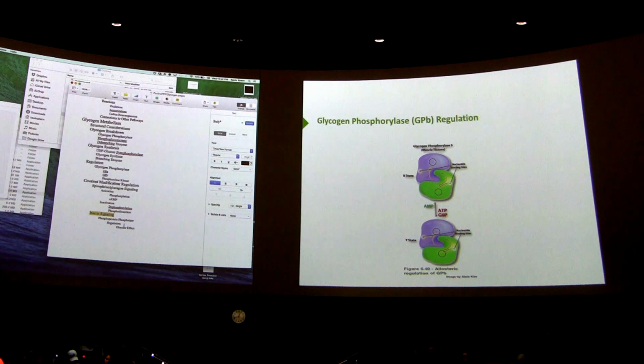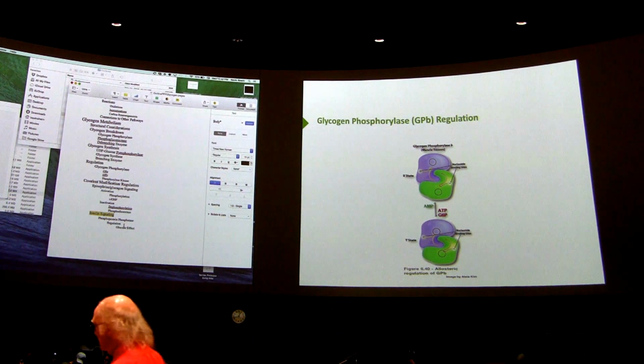And let's look to see what converts them into each. What converts glycogen phosphorylase B from the R state into the T state? Two things will do it: ATP and glucose 6-phosphate. What do you suppose that indicates? High energy. Under high energy conditions, we don't want to be breaking down our glycogen. We shut off this form of glycogen phosphorylase.